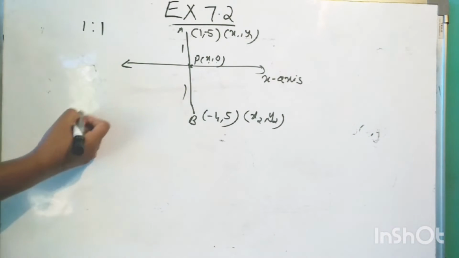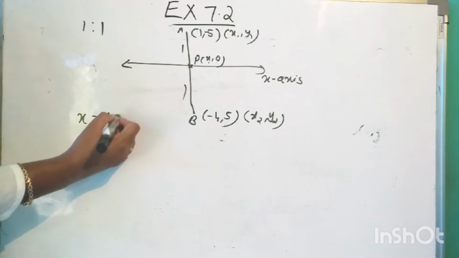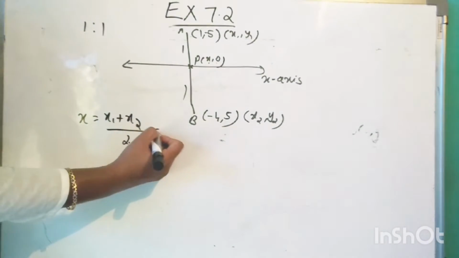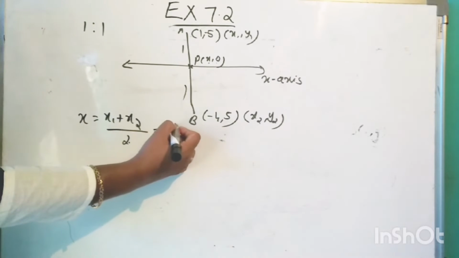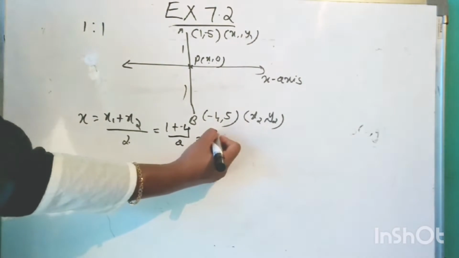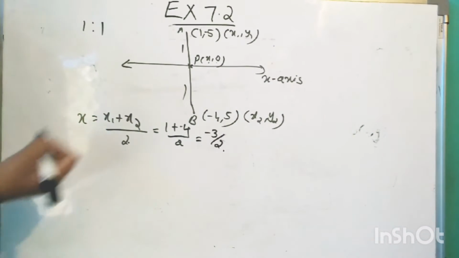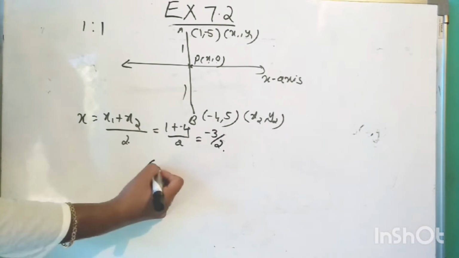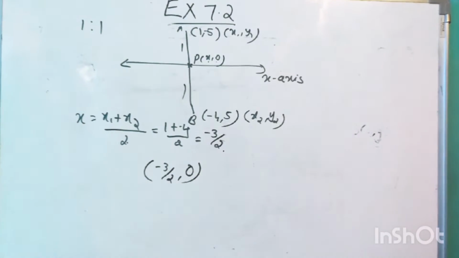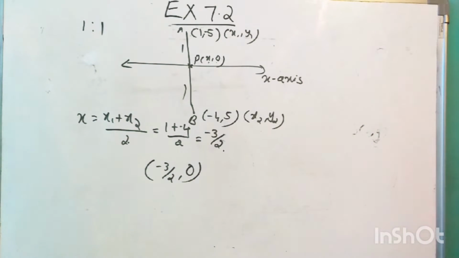So if you want to find out that x coordinate, it is enough to use that midpoint formula, that is x1 plus x2 by 2. That is, x1 is 1 plus -4 by 2 is equal to -3 by 2. So the point of division is ordered pair -3 by 2, 0.